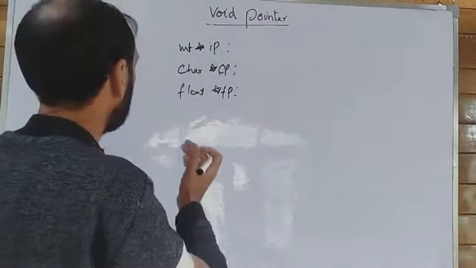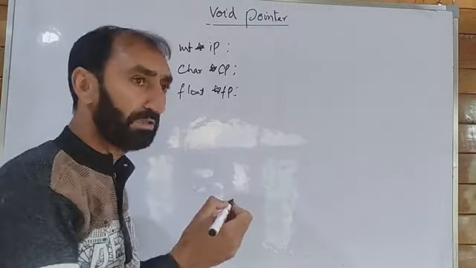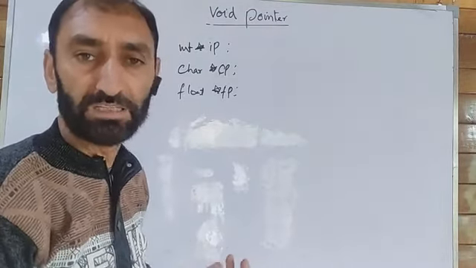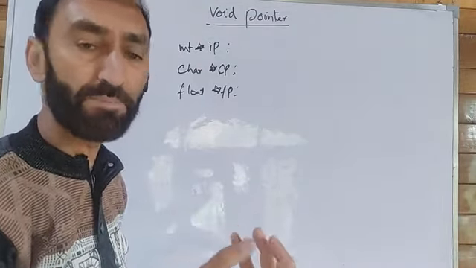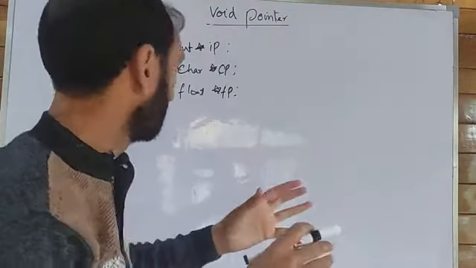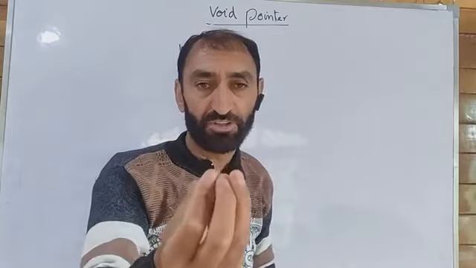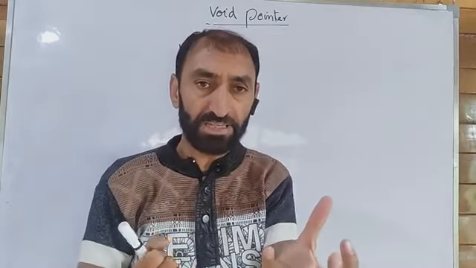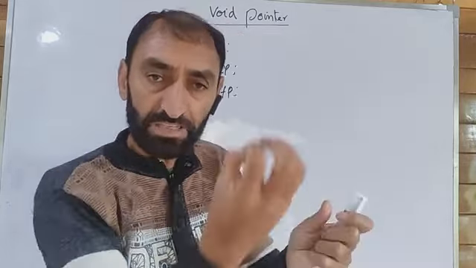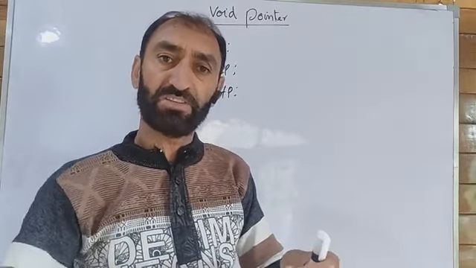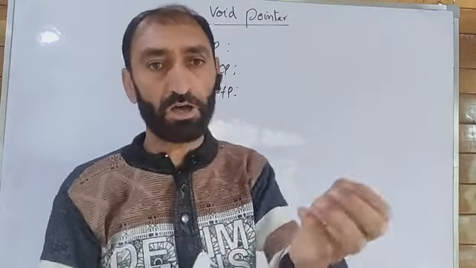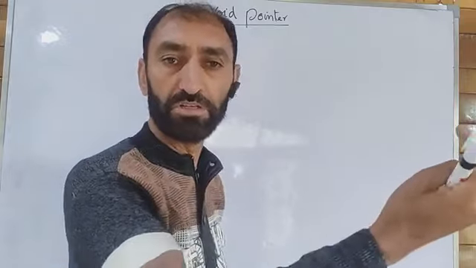Now, what is void pointer? Void means empty. In real life, we can relate this with an empty glass. For example, if we have an empty glass, we can fill that glass either with water or with milk or with juice.